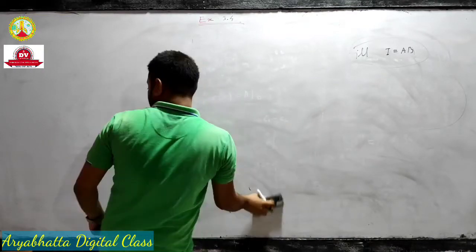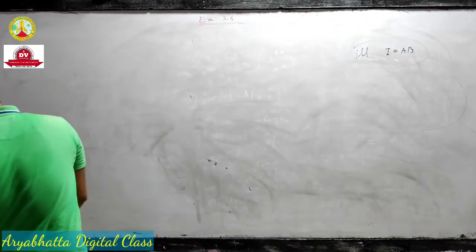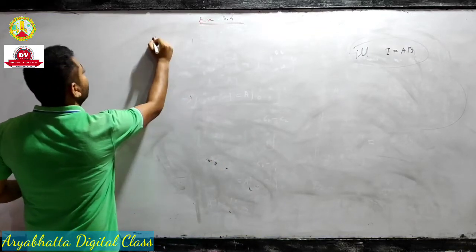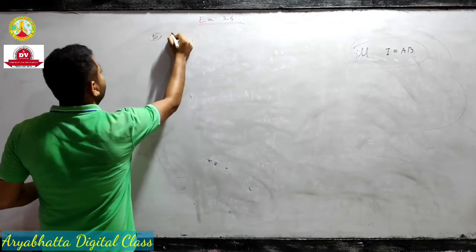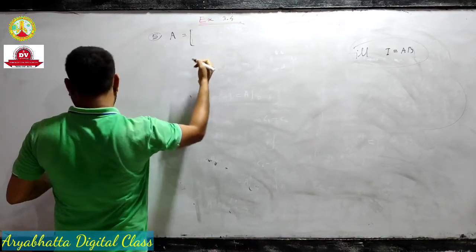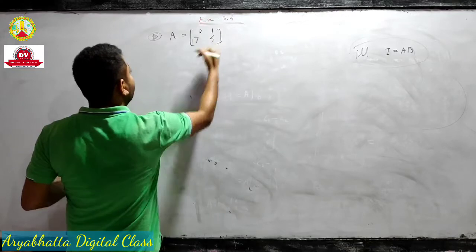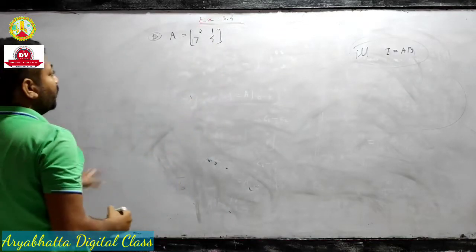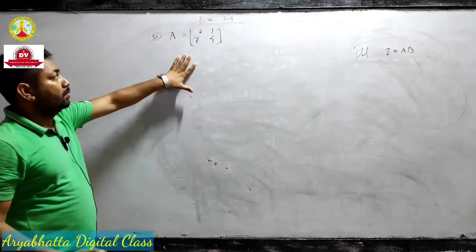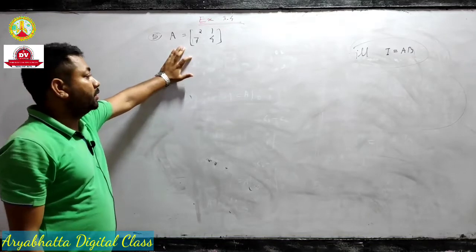Next, we will discuss question number 5. A equal to 2 1 7 4. Find the inverse of this matrix by using elementary transformations.